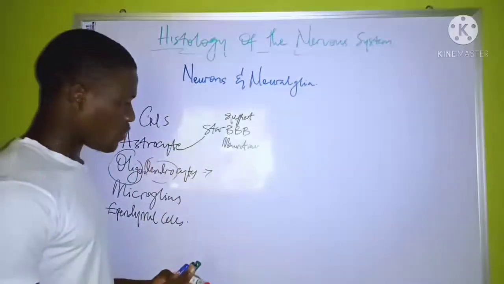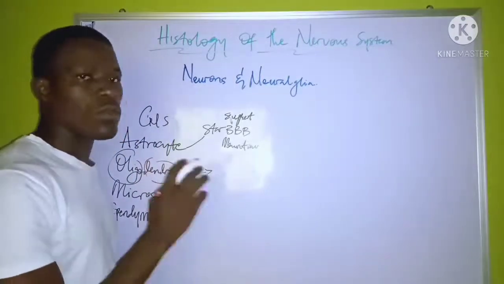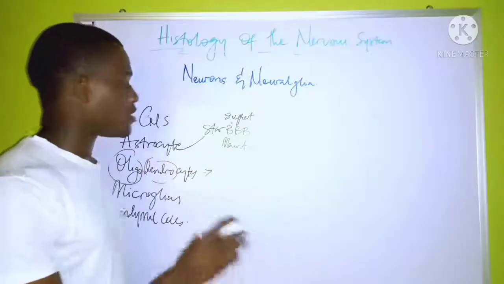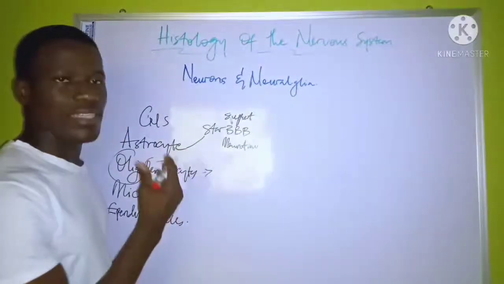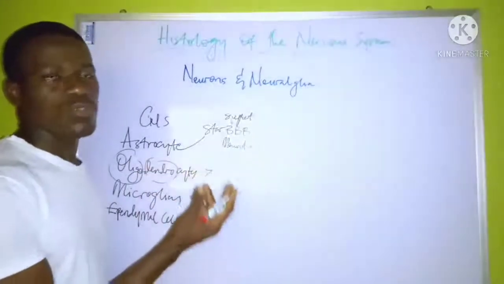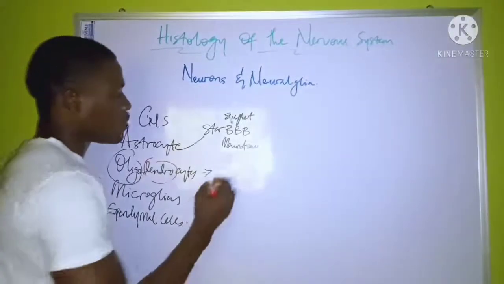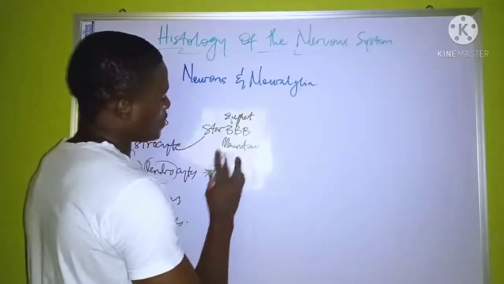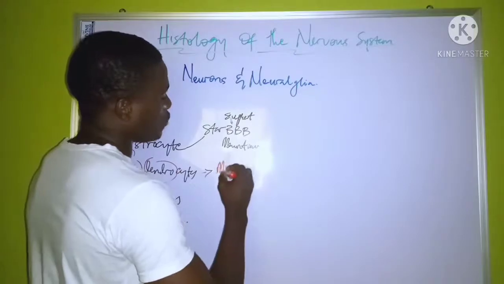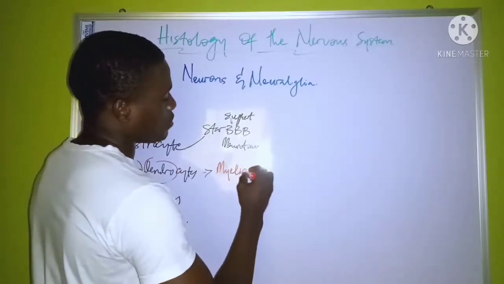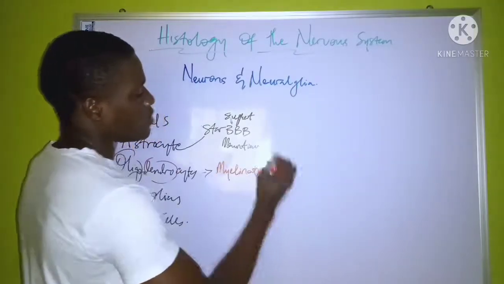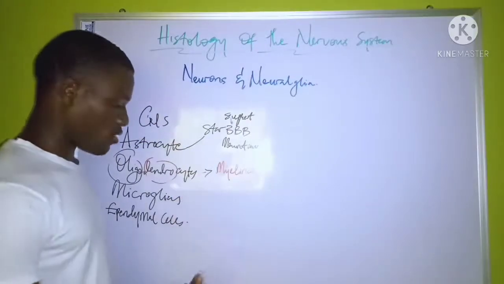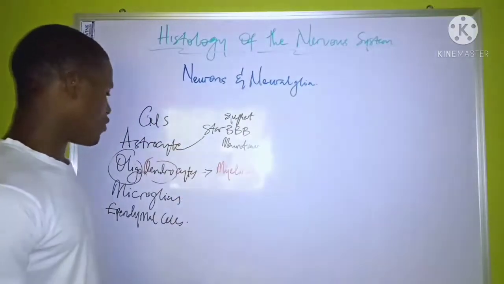Now the function of the oligodendrocyte is in the formation of the myelin sheath. The oligodendrocytes are found along the axon of the neurons, and they function in the production of myelin sheath. Its function is myelination, let's put it that way for short. It functions in myelination of the neurons.